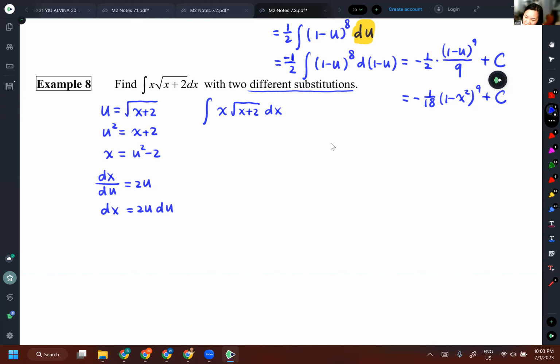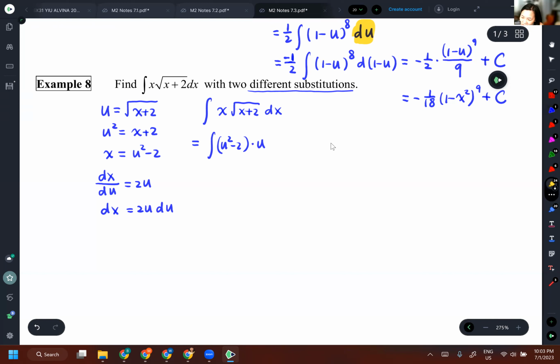So this x is changed to u squared minus 2. That's the first change. The second change is this one changed to u. This is x, this is u.